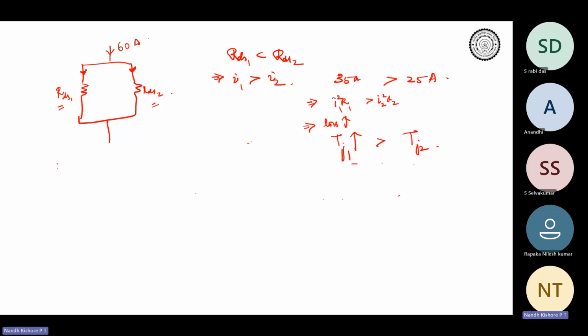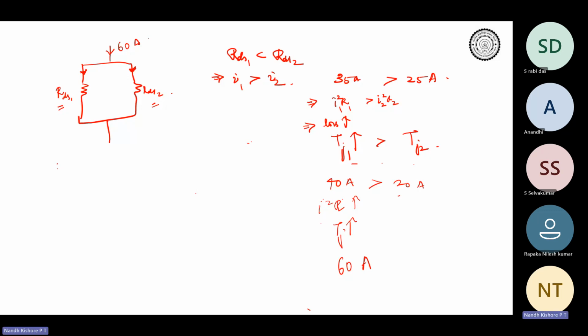So if the resistance decreases, it will carry more and more current. So the 35 amperes may become 40 amperes and 20 amperes, because the resistance has decreased now. So more current will flow, obviously. Therefore, more I square R loss means Tj increases. So Tj might go on increasing like this catastrophically. And at some point, the entire device can start carrying the current, correct?